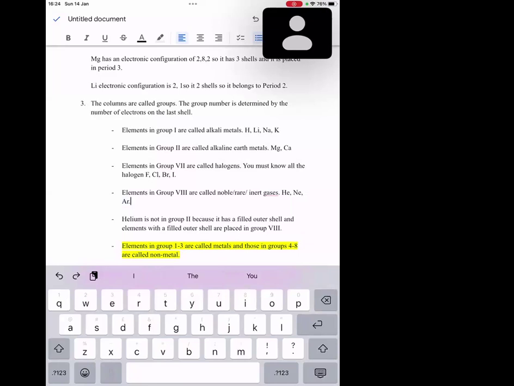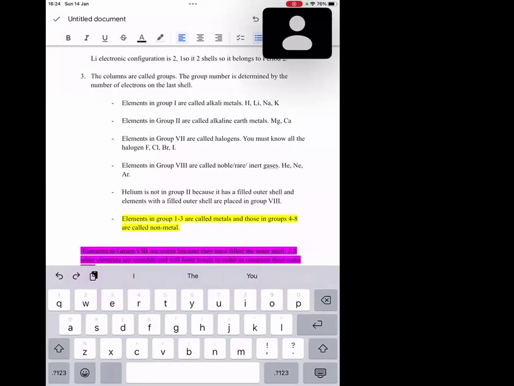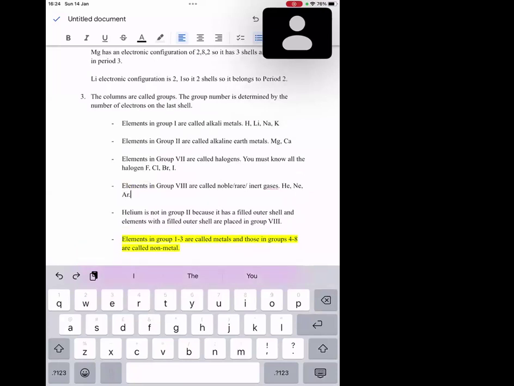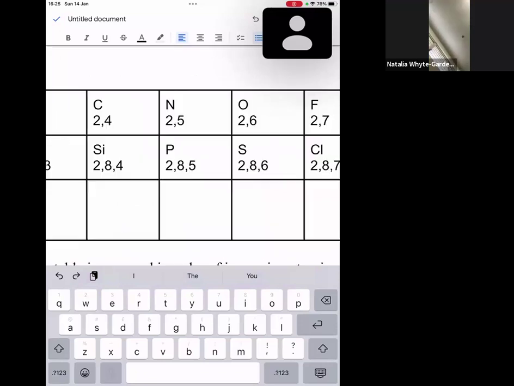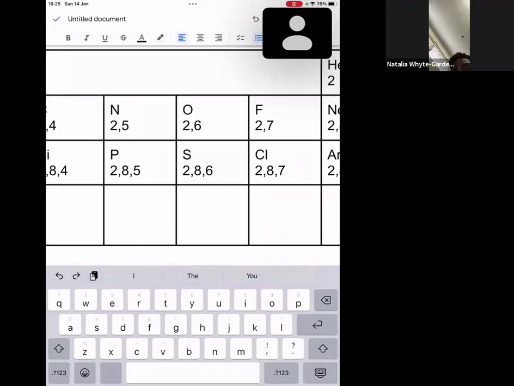All right, so we need to remember all the elements in the periodic table, as I said. So we need to know elements in group 2, magnesium, calcium, elements in group 3, boron, aluminum, elements in group 4, carbon, silicon, elements in group 5, nitrogen, phosphorus, elements in group 6, oxygen, sulfur, elements in group 7, fluorine, chlorine, bromine, iodine.